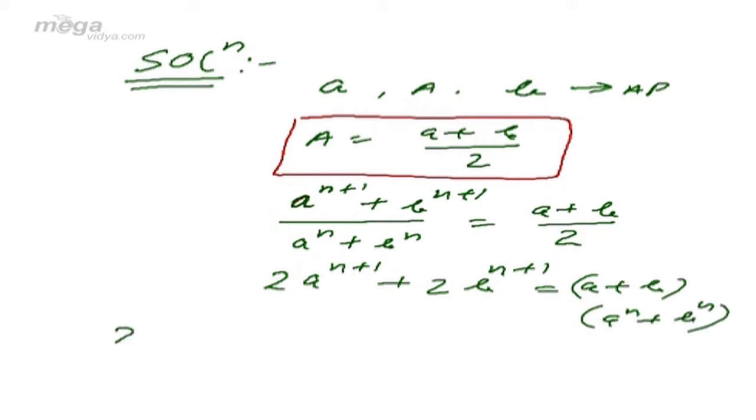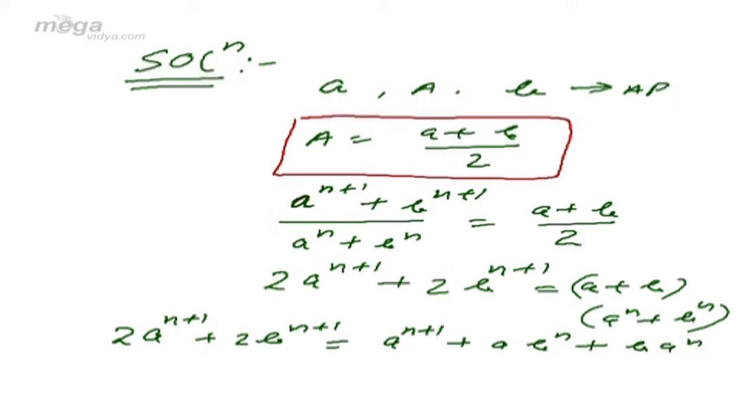Again, 2a^(n+1) + 2b^(n+1) is equal to: a multiplied with this becomes a^(n+1), a multiplied with this becomes ab^n, plus b multiplied with this, ba^n, and this is b^(n+1). Now a^(n+1) here and 2a^(n+1) here, this becomes a^(n+1).